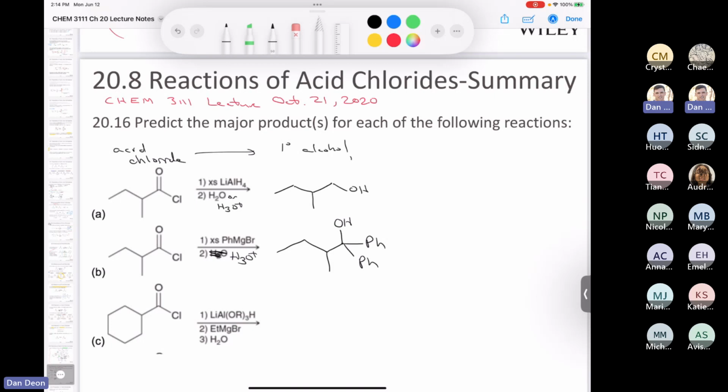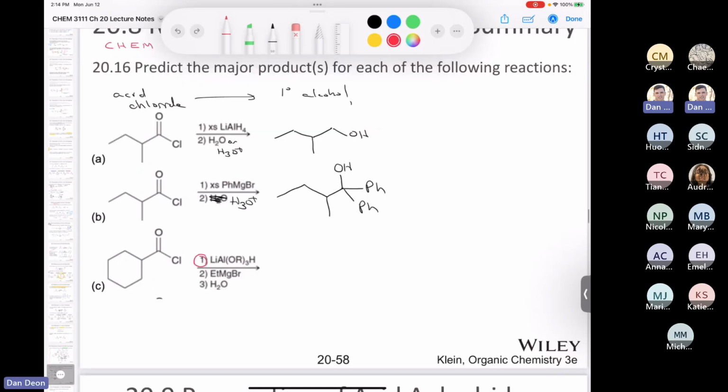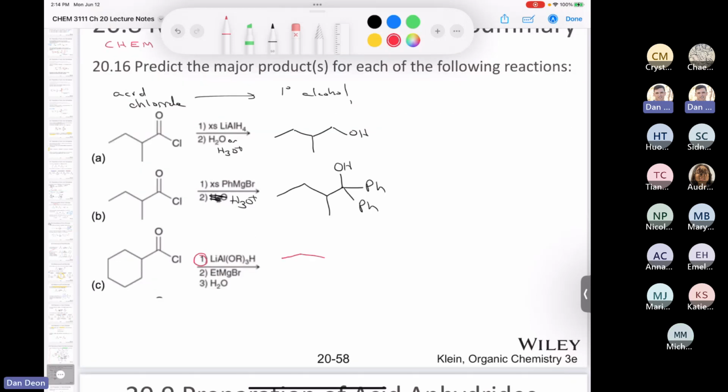The next one has a couple of reactions, doesn't it? First, we treat the acid chloride with lithium tri-tert-butoxyaluminum hydride, which reduces the acid chloride down to an aldehyde. So we get cyclohexanecarbaldehyde in the first step.